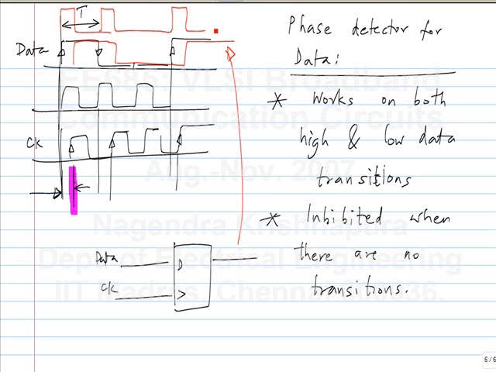So I first align the data to the clock, and then I use the XOR gate between the original data and the retimed data. So that now I know that the retimed data is aligned with the clock. Okay. So that's basically all I need. Right? So if I XOR it, I get pulses whose width is proportional to the phase difference.